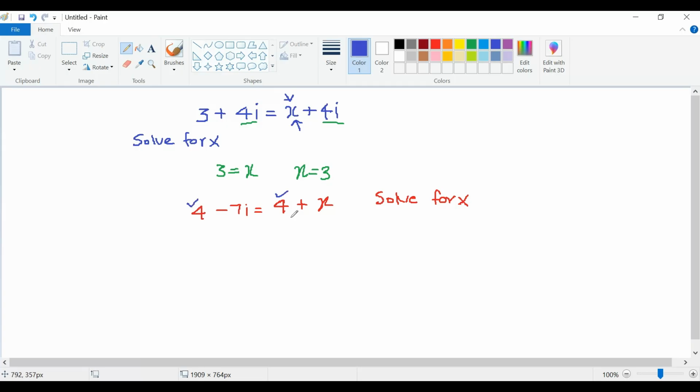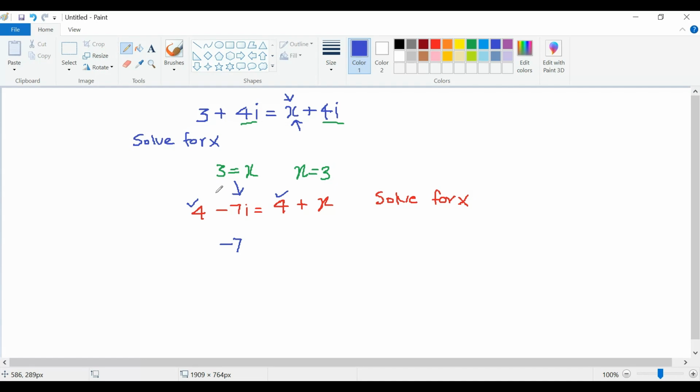Both complex numbers have the real part as 4. What is left to check is if the imaginary parts are also equal. Here the imaginary part of this complex number is negative 7. It's not plus 7. It is minus 7. So we have to be careful about that.